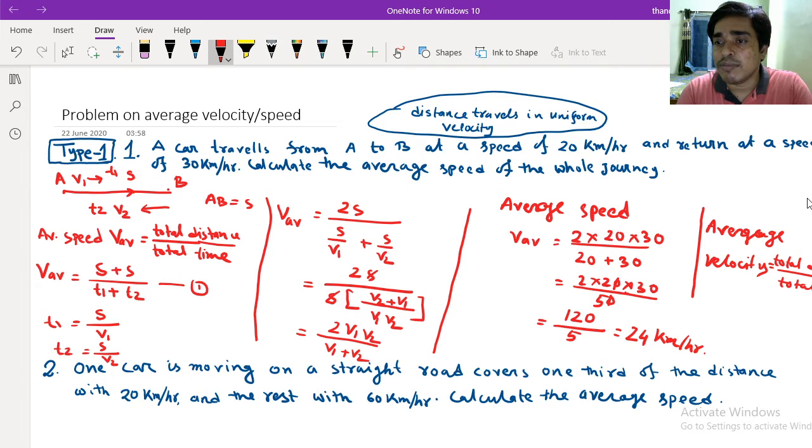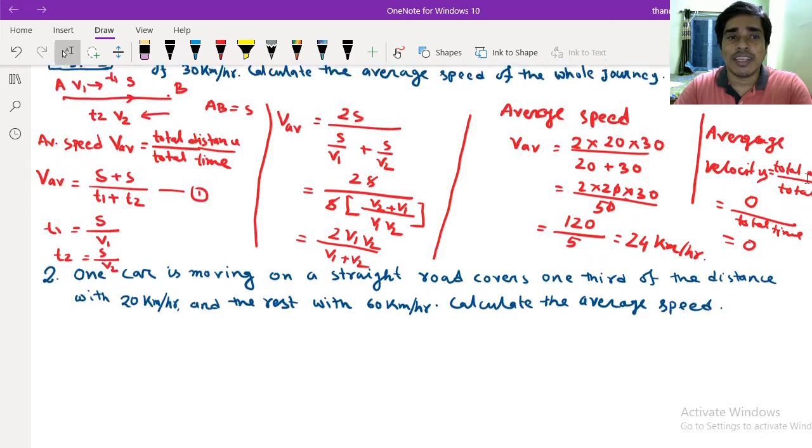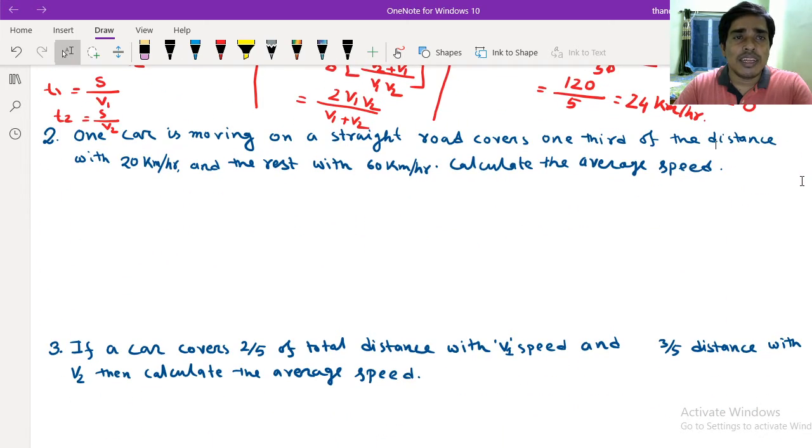Here the total displacement is equal to 0 because the particle goes to B and returns to the original point. So the total displacement is 0, and therefore the average velocity will be 0. This is type 1. Now another problem, type number 2.